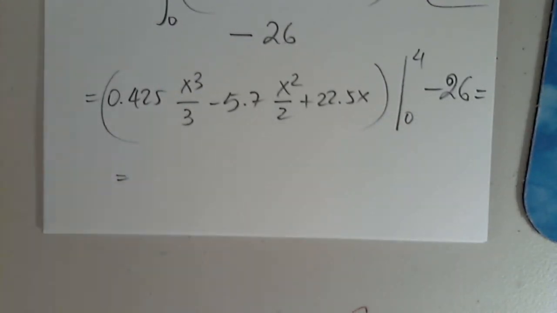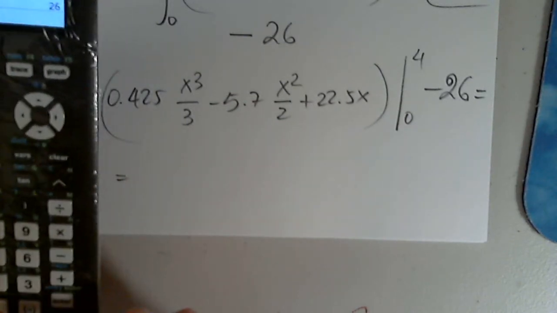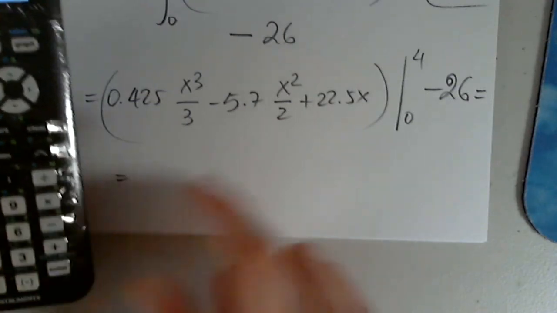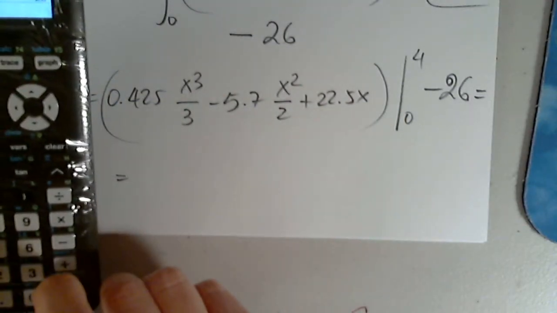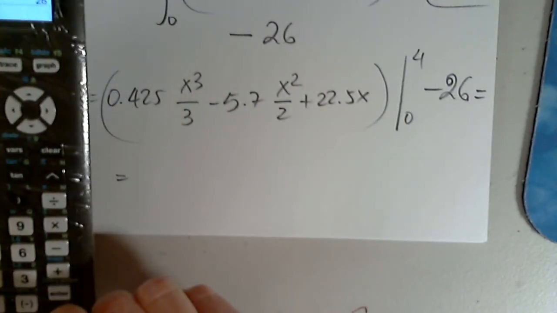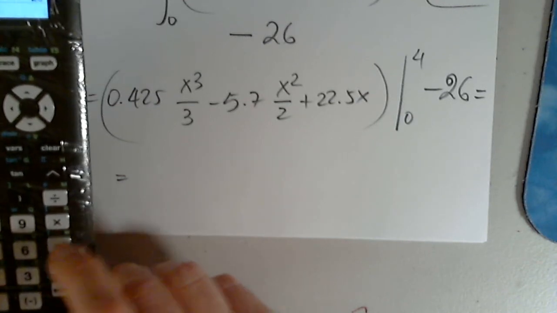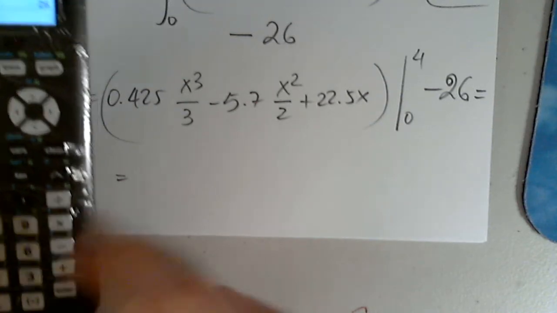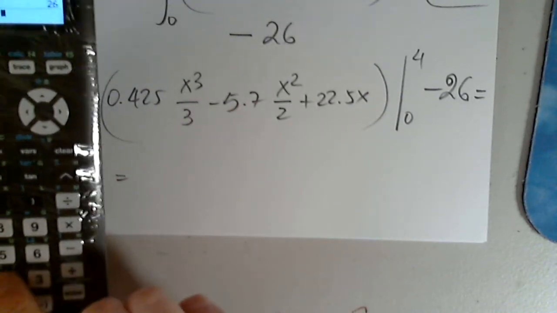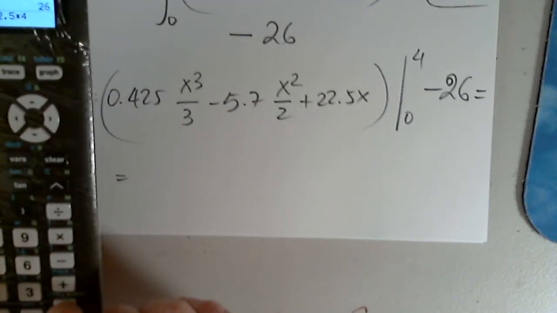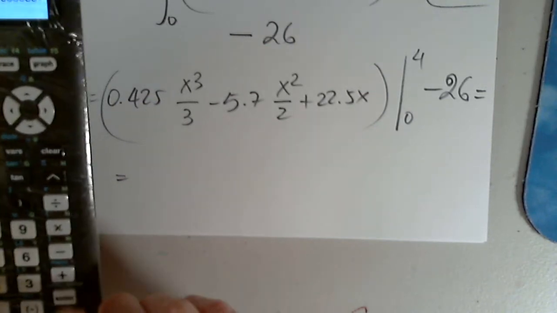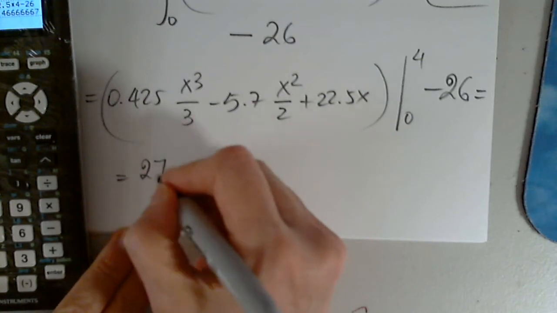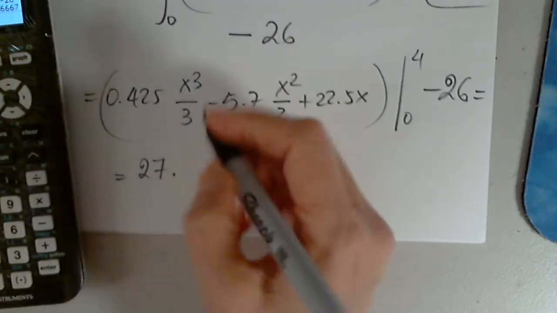Okay, so let's see what I get. 4 to the third is 64 divided by 3, minus 16 divided by 2, so 5.7 times 8, and plus 22.5 times 4, and then minus 26. I got 27.47.